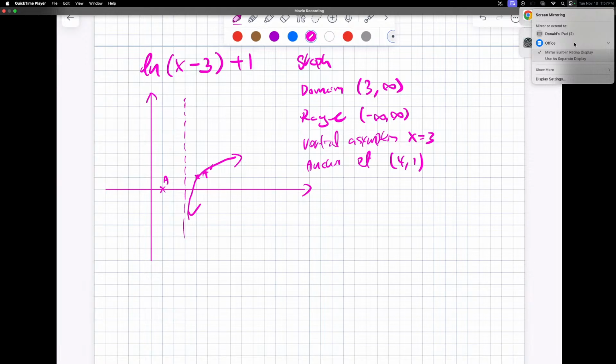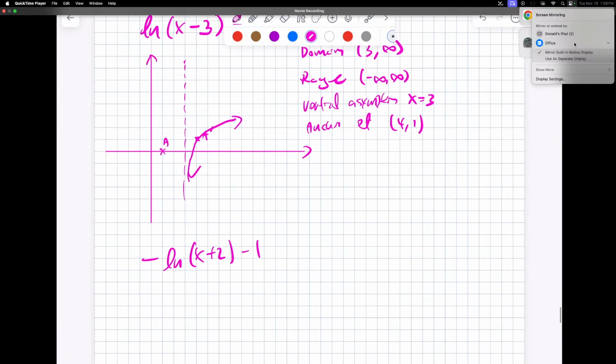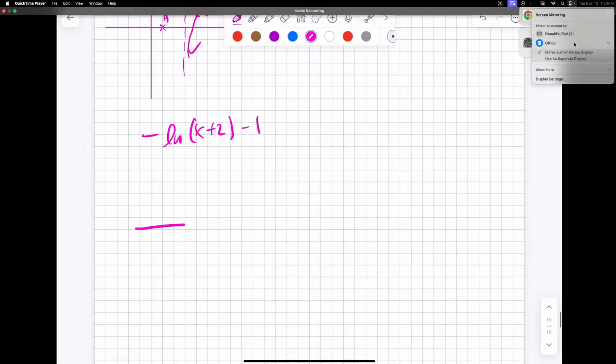Okay, so I want you to graph negative ln of (x + 2) minus 1. It flipped which direction? Yeah, it inverted. So I'm going to grab the original graph so you can see it.